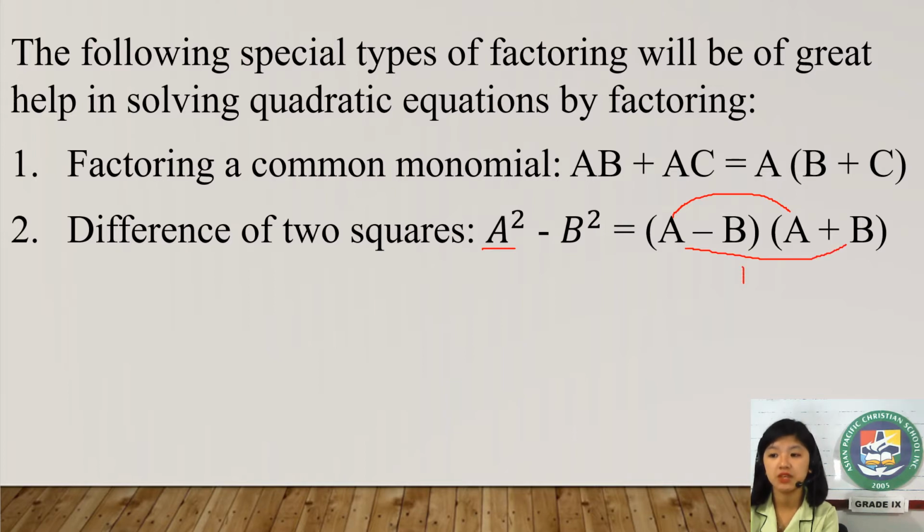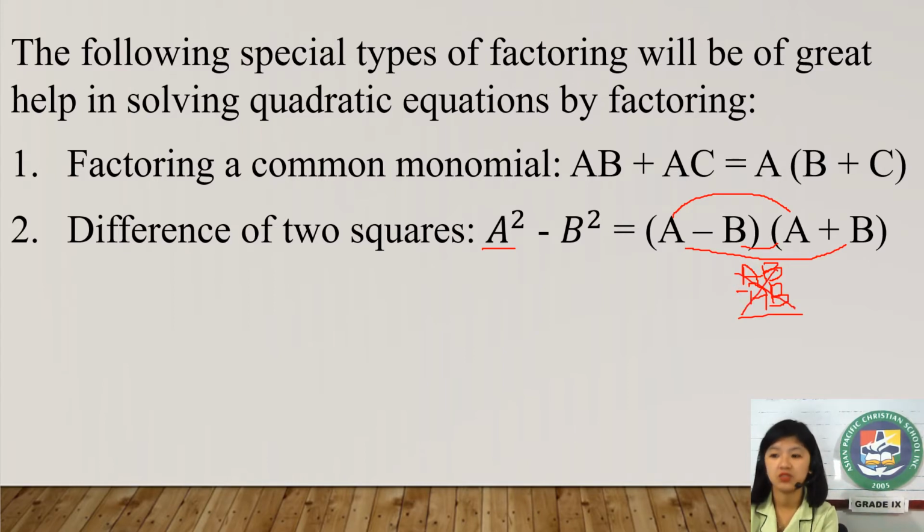So, a times b will give you ab. Then, yung mga inner term, we have negative b times a. So, we have negative ba or negative ab. So, since positive ab minus negative ab, 0 na yan.